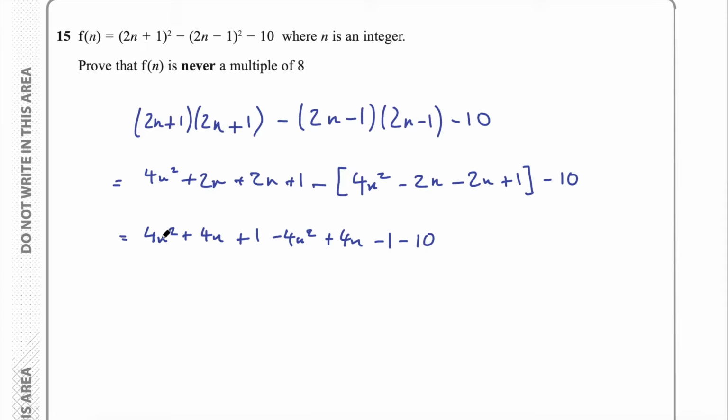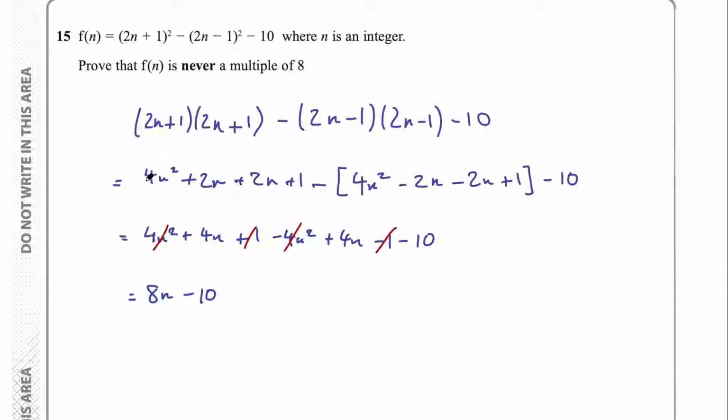We've got a plus 4n squared here and a minus 4n squared there, so they'll cancel each other out. And then we have 4n plus 4n, which will be 8n. And I've missed the 1s there, so I've got a plus 1 here and a negative 1 there. So they'll cancel out. And then I just have a minus 10 on the end.